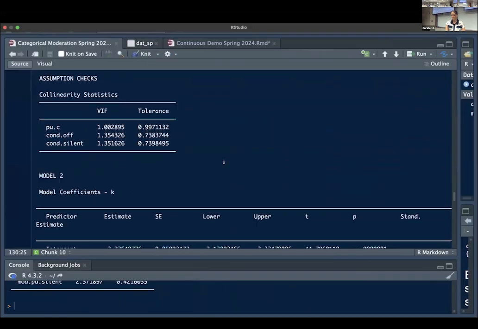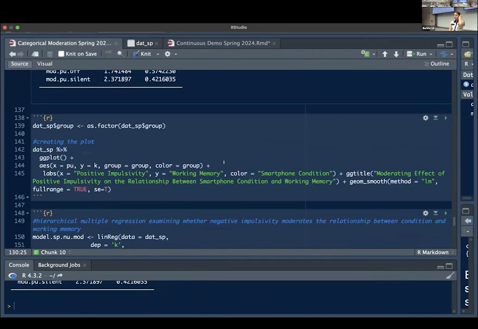Let's look at that visually. We're going to run a different code for moderation graphs for categorical, because we're splitting it by categorical levels instead of one standard deviation high or low of our moderator. It's groups, right? Calculator, phone off, phone silent. So we're going to use our usual ggplot that we use to graph stuff.